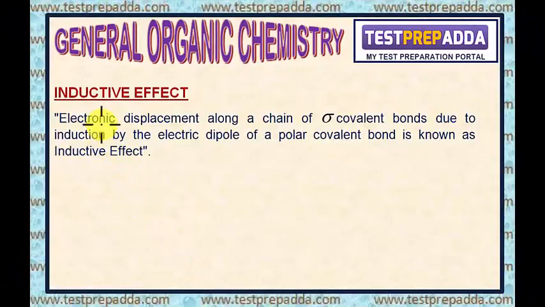You can define inductive effect as electronic displacement along a chain of sigma covalent bonds due to induction by the electric dipole of a polar covalent bond. Okay, this is inductive effect.